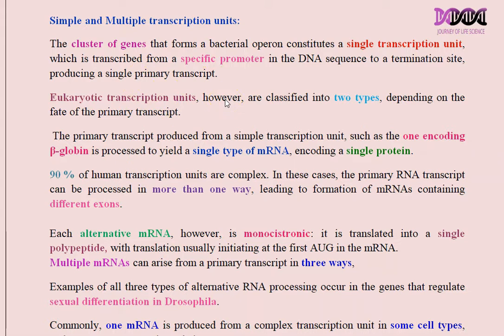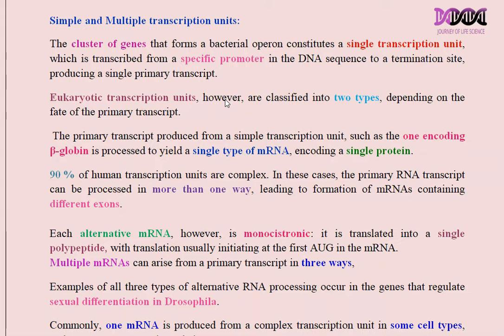One thing we have to understand is that bacterial transcription and translation are simultaneous processes, taking place one after the other, immediately. But eukaryotic mRNAs contain introns.